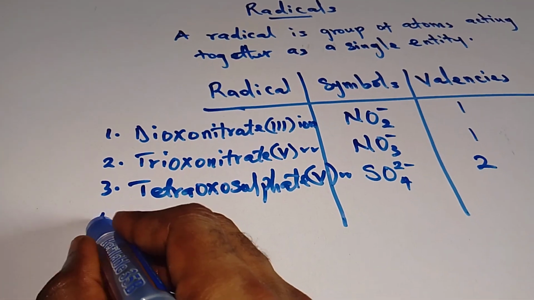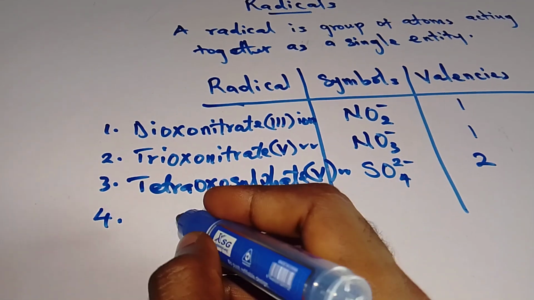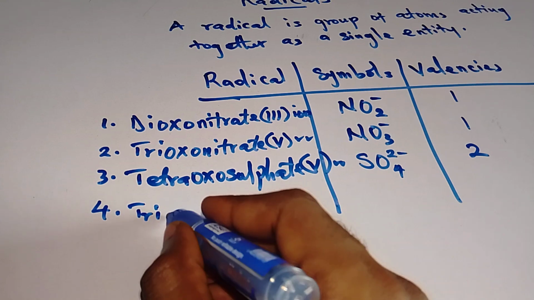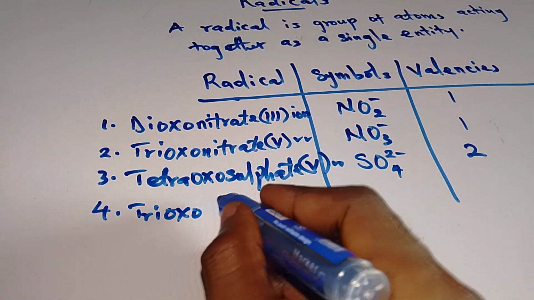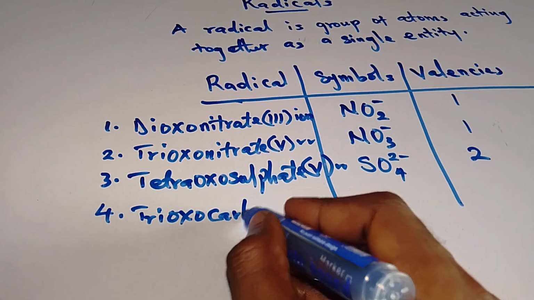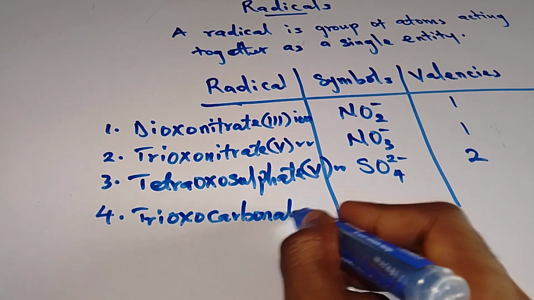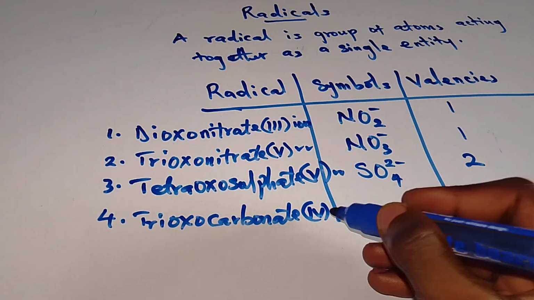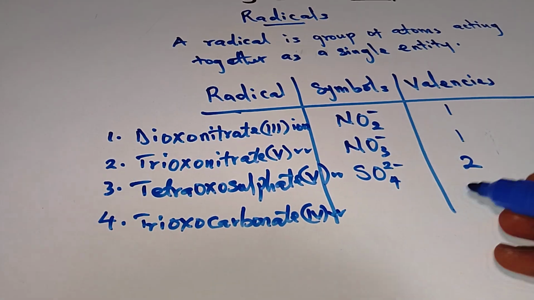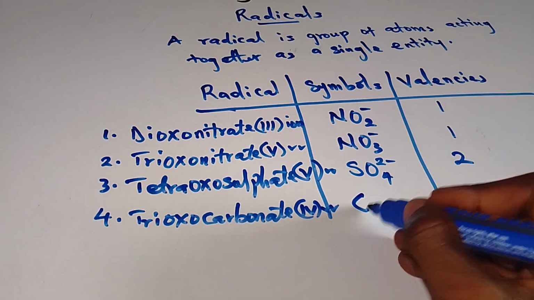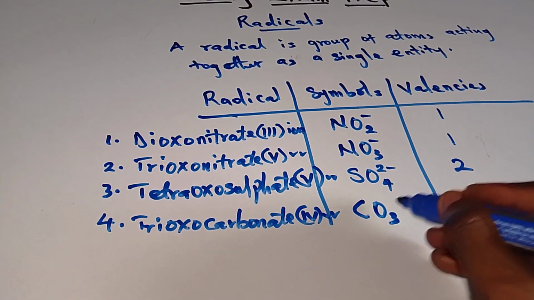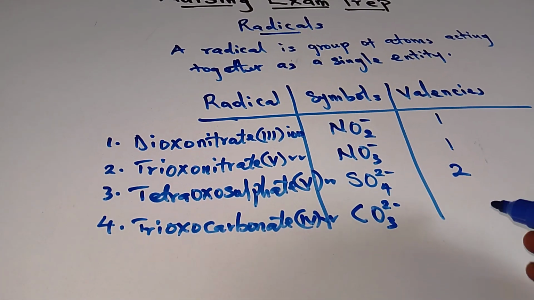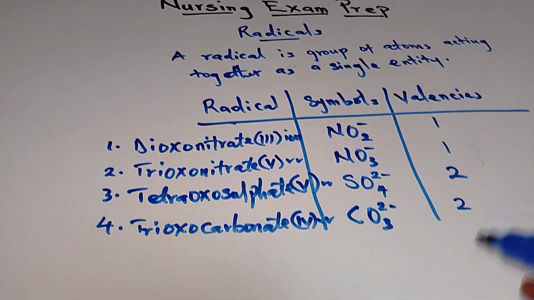Now I will mention another radical, trioxocarbonate 4 ion. The symbol is CO3 2-, and the valency is 2.